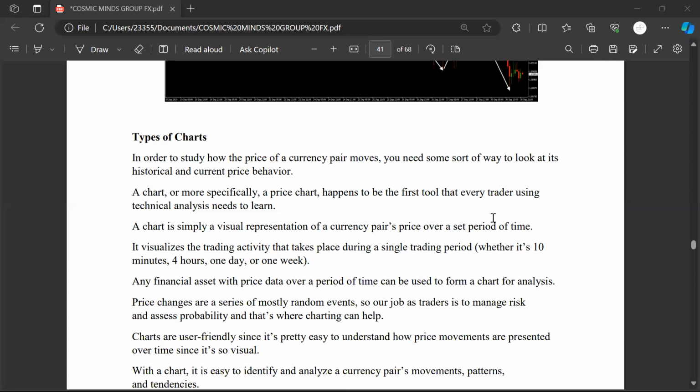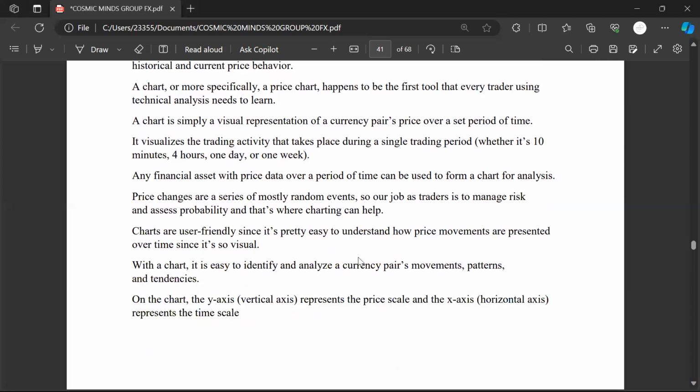Charts are user-friendly and very simple to use, since it's easy to understand how price movements are represented over a period, because it is so visual. With a chart, it is easy to identify and analyze a currency pair's movements, patterns, and tendencies.